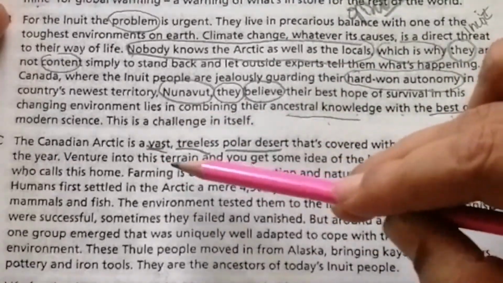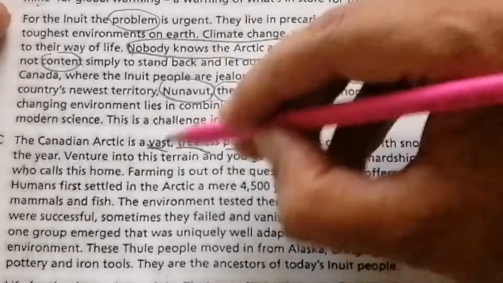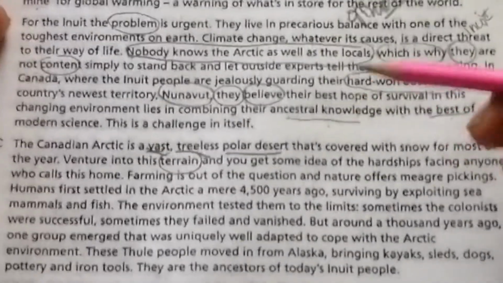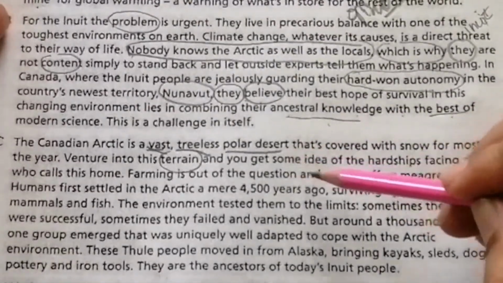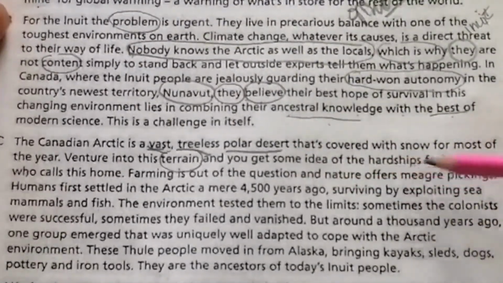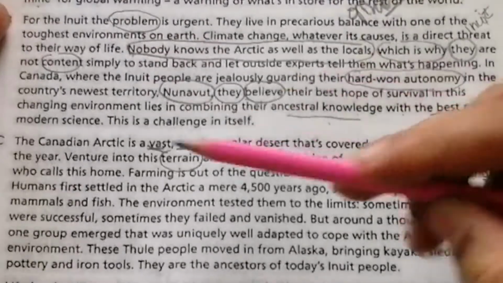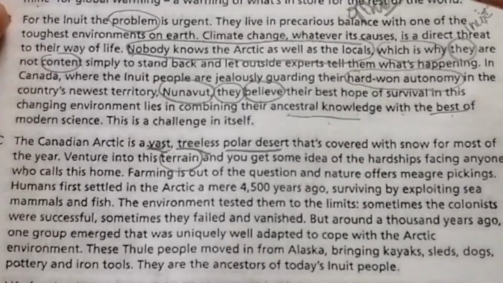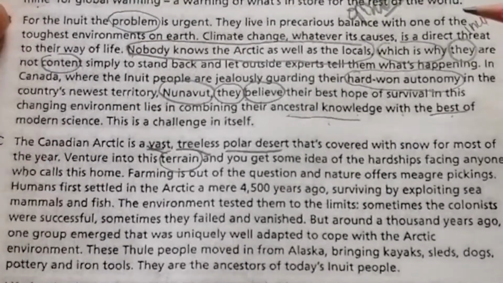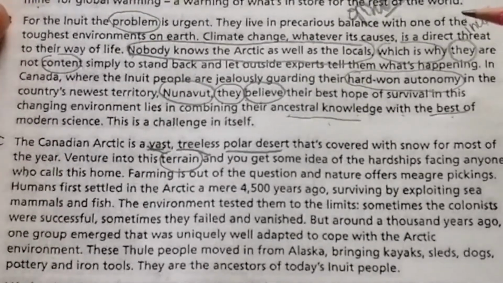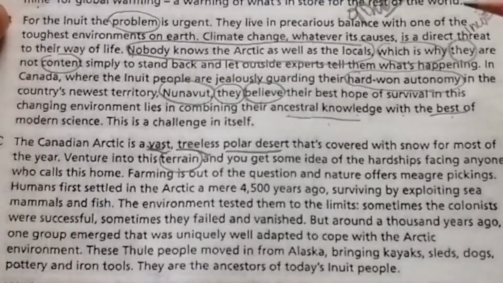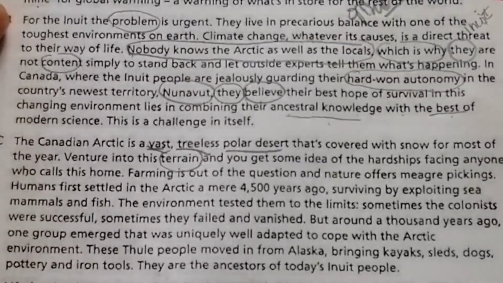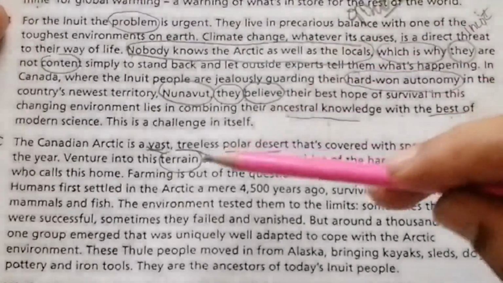Venture into this terrain means area. If we go into this terrain, you get some idea of the hardships facing anyone who calls this home. The writer is saying that if anyone wants to know about the hardships of this area, you can go there and you can witness the problems of the inhabitants who are calling this area their home.